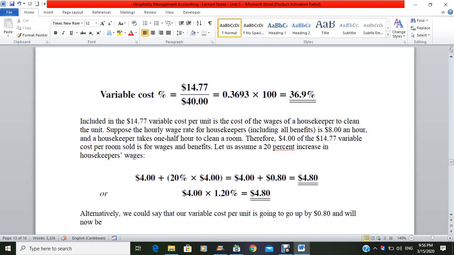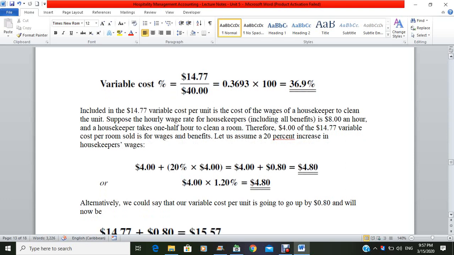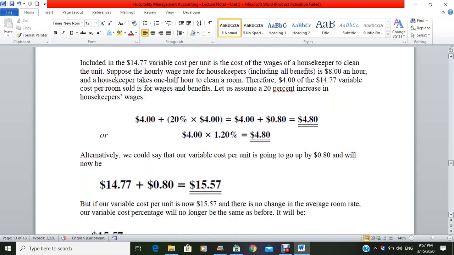Look at this now. We must say original $4, right? Plus 20% of $4, meaning you add 20% of the $4, which is 0.80. You get $4.80. So this now would be the new rate for wages for housekeepers. Good?